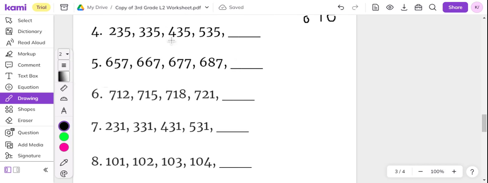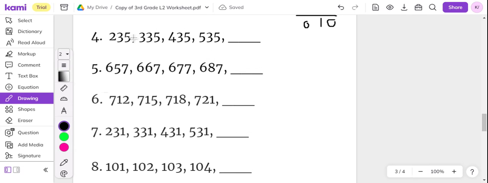Number 4. So we have 235, 335, 435, and 535. Since the numbers are going up, that means we would take 335 and subtract that by 235.